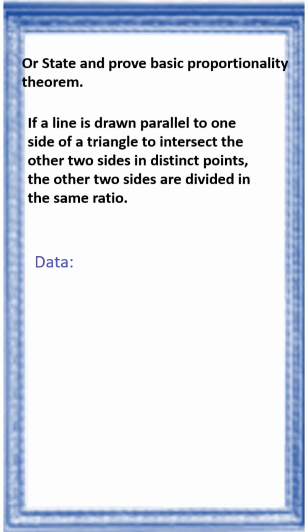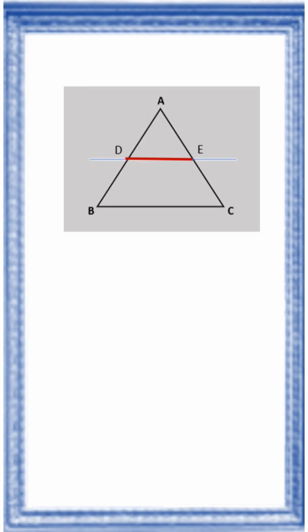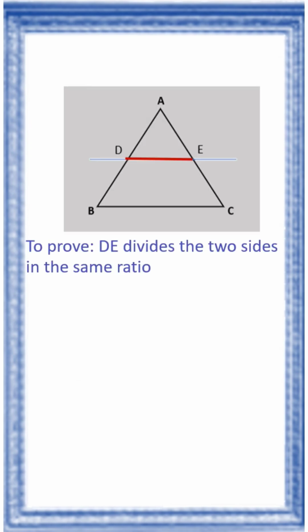A triangle ABC, DE is parallel to BC. This is D, this is E. To prove: DE divides the two sides in the same ratio, that is AD by DB is equal to AE by EC.